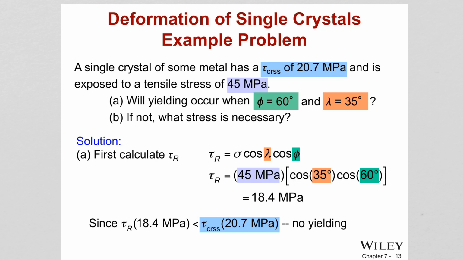Okay, if it is 45 and 45, that is giving us the maximum. But it doesn't have to be 90, because it need not be the case that the tensile axis, the slip plane normal, and the slip direction all lie in the same plane.